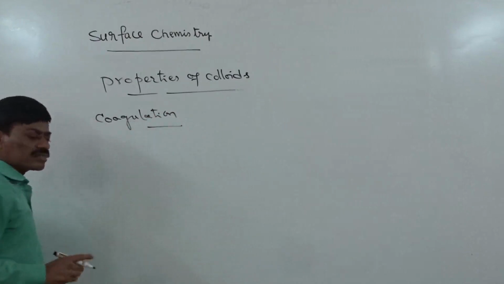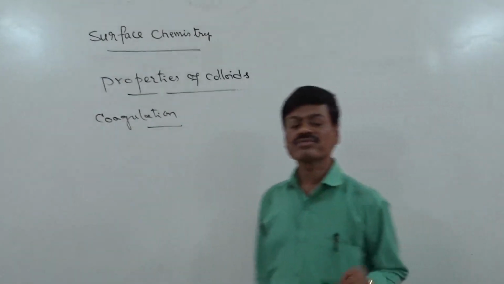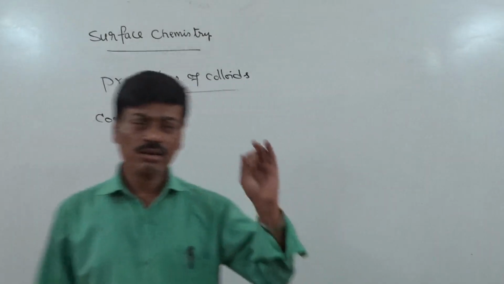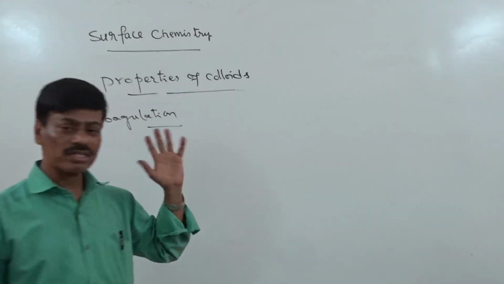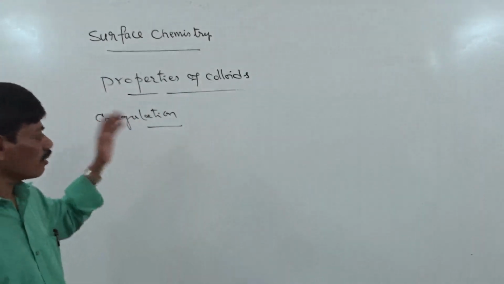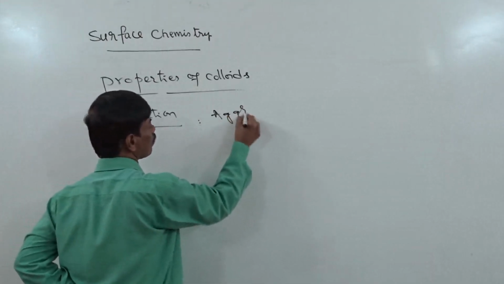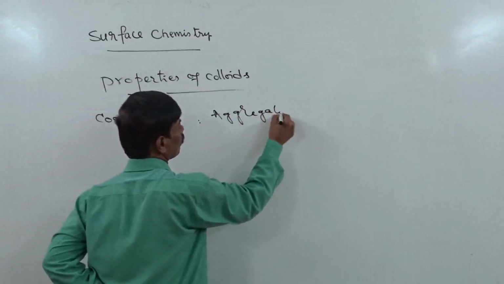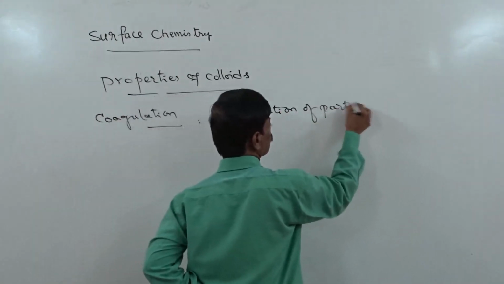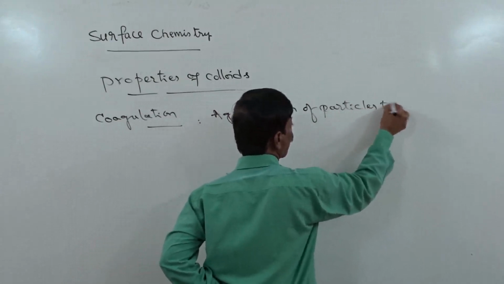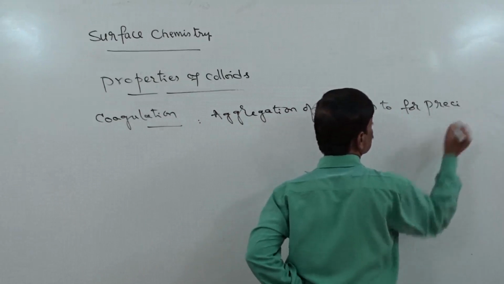In the previous session I taught clotting, coagulation, precipitation and aggregation. All these four terms mean the same. So coagulation means aggregation of particles to form precipitate.